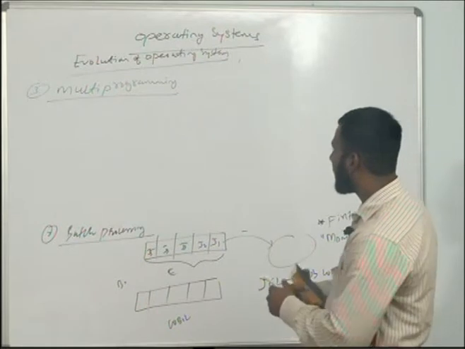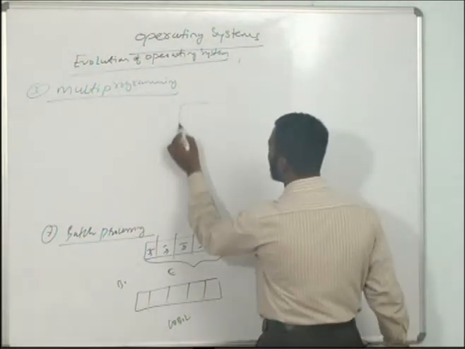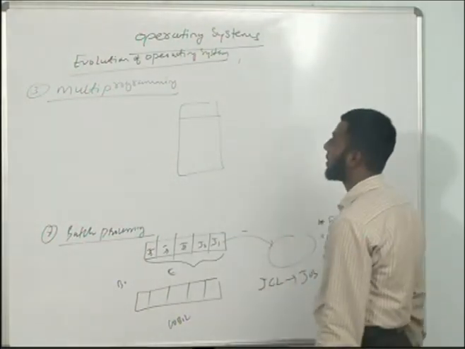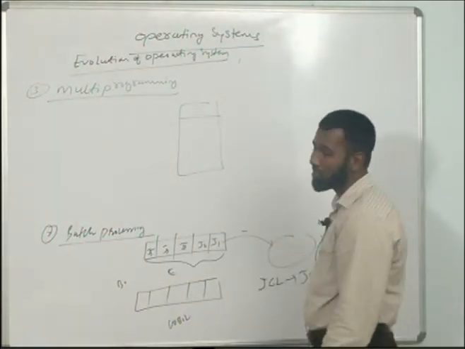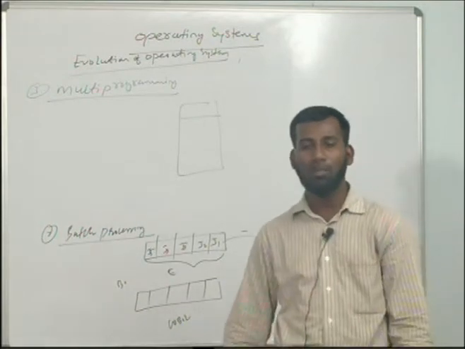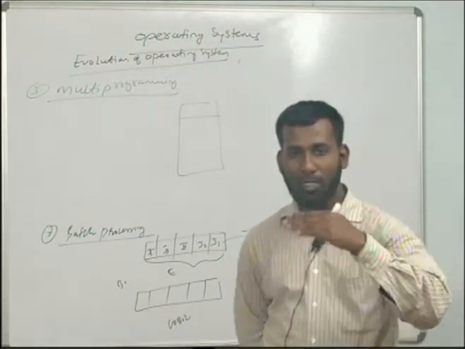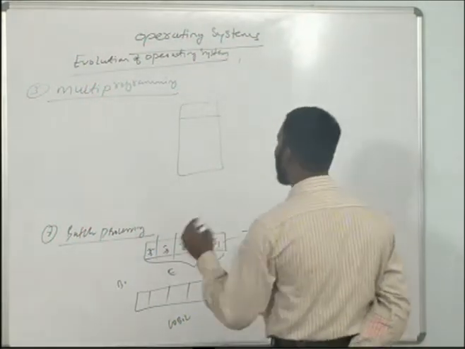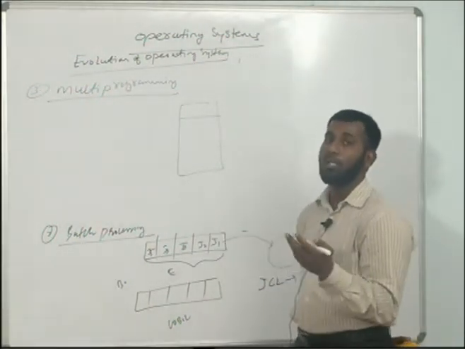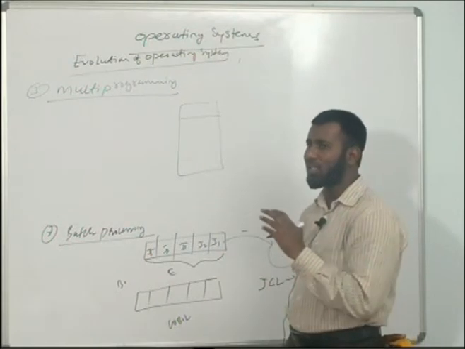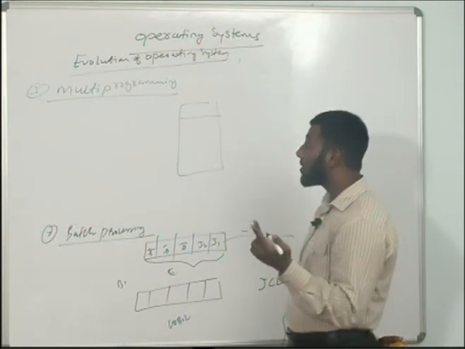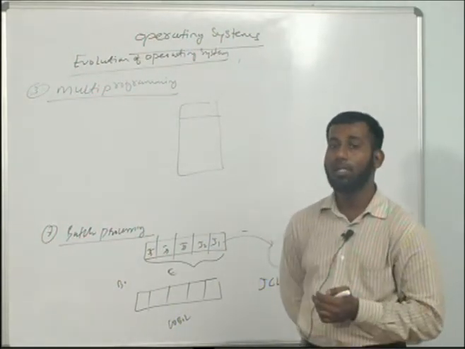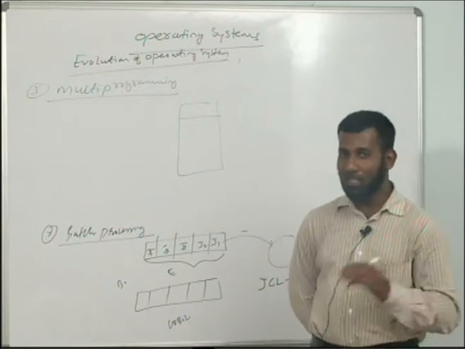It means the memory was inefficiently utilized here because I don't have the concept of loading multiple processes simultaneously into memory. Now multi-programming is an ability of an operating system to divide this memory into multiple partitions, so that simultaneously I can accommodate multiple processes into memory. It doesn't necessarily mean executing multiple processes simultaneously. It is the ability of an operating system to accommodate multiple processes simultaneously into memory.